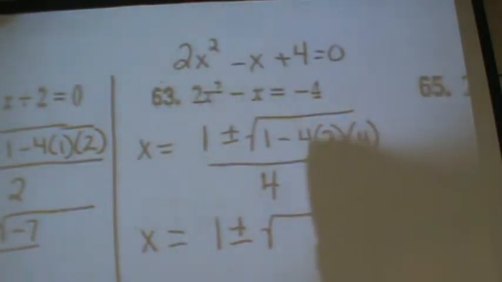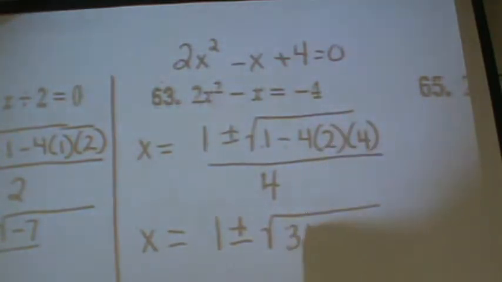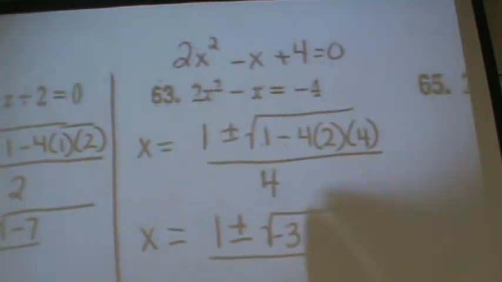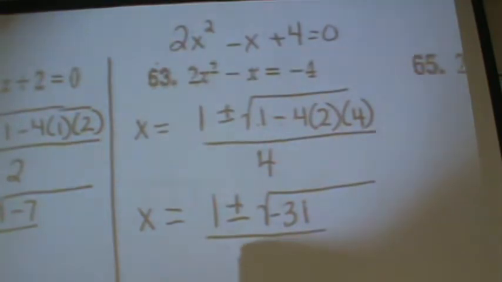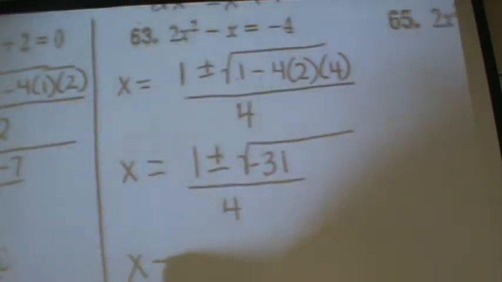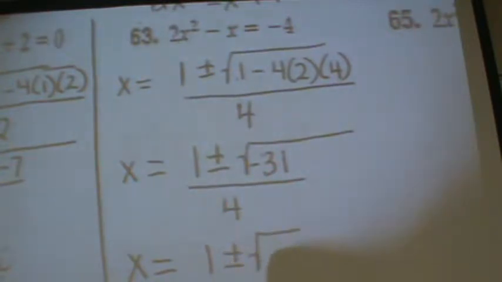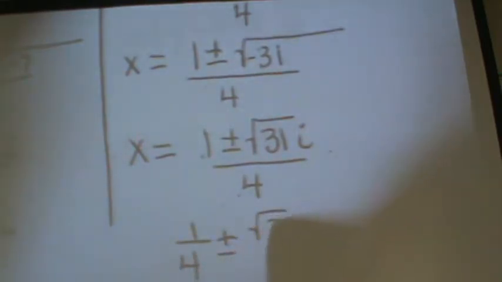So this goes to 32, so 1 minus 32 is 31, but it's negative because it's 1 minus 32. So your answer, getting rid of this negative 1, is 1 plus or minus root 31i all over 4. And you can break this up into two parts, 1/4 plus or minus root 31 over 4i.